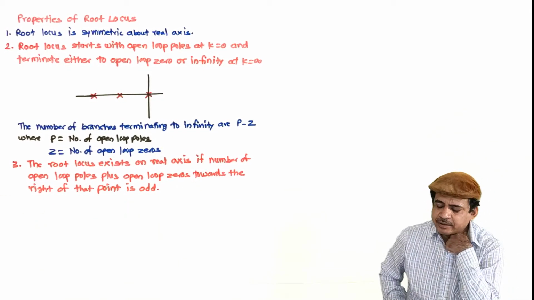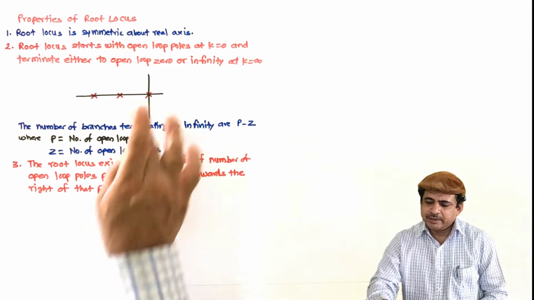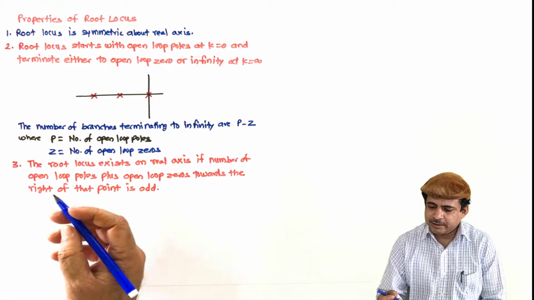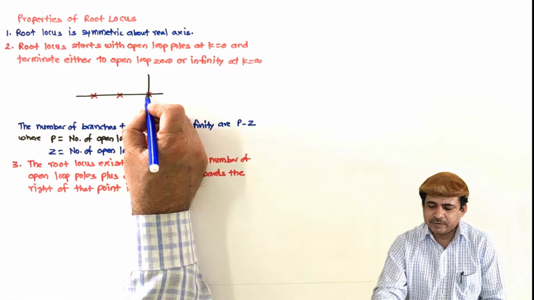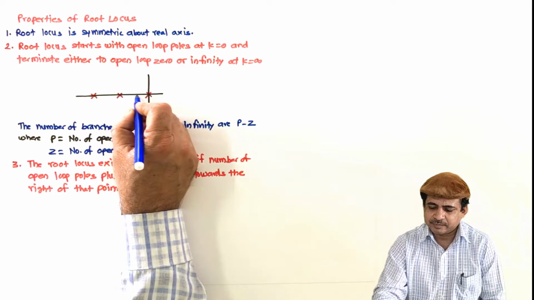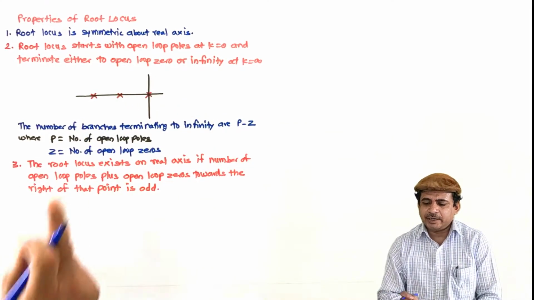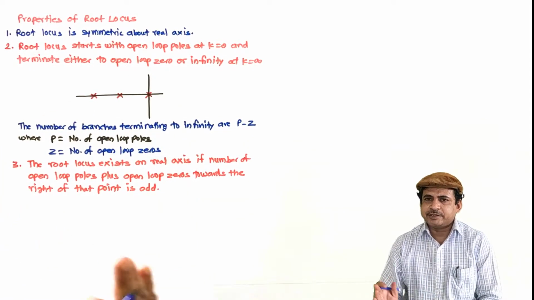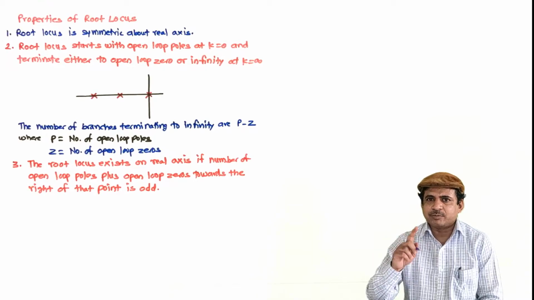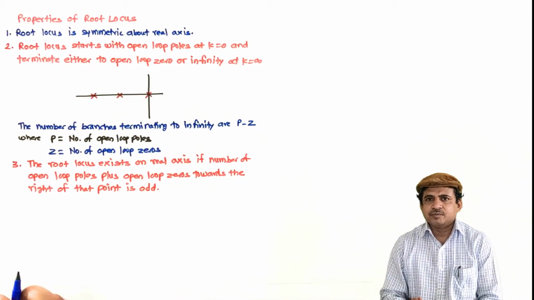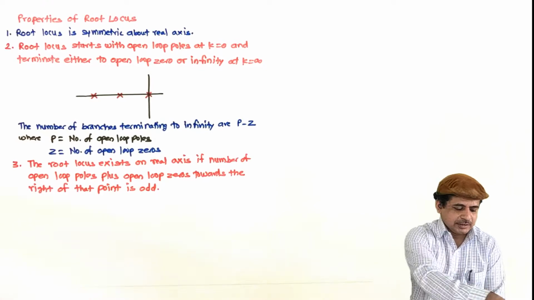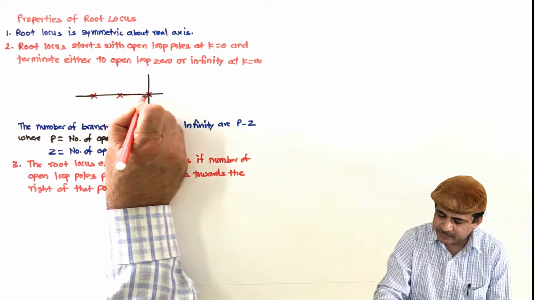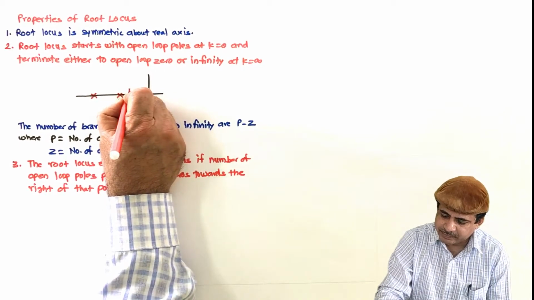What does it mean? Say, for example, here we have three different poles. Now let us see whether the root locus exists here or not. For any point between these two poles, if you look towards the right, the number of open loop poles plus number of open loop zeros is 1, that is odd, and hence the root locus exists in this region.